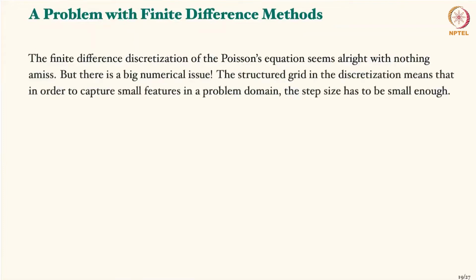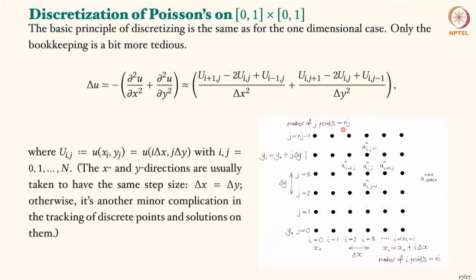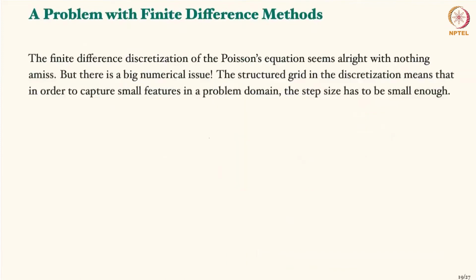The problem is that the structured grid in the discretization, something like this, I have like this lattice of points in 2D. In 3D, it'll be like a cube, the lattice will be extending in the third direction as well. So if there is some graphical model I'm dealing with, maybe it's the famous dragon or even the Stanford bunny, there might be some small features in it that I can't allow my discretization to overlook.